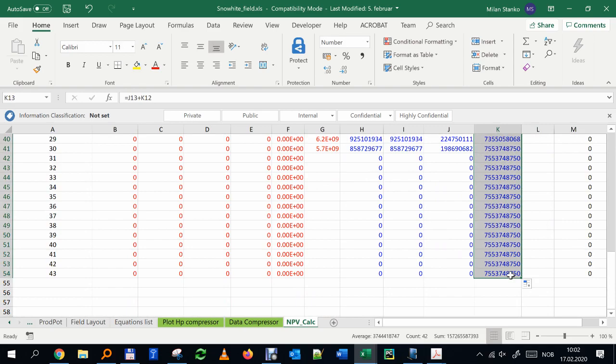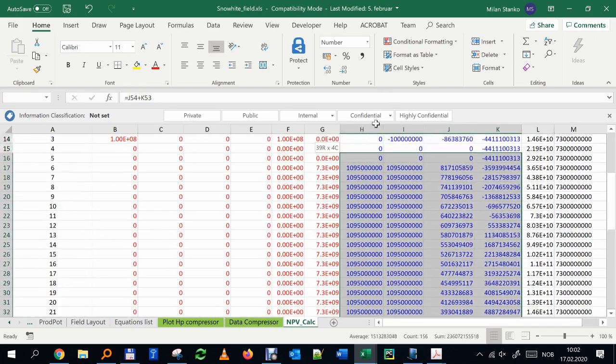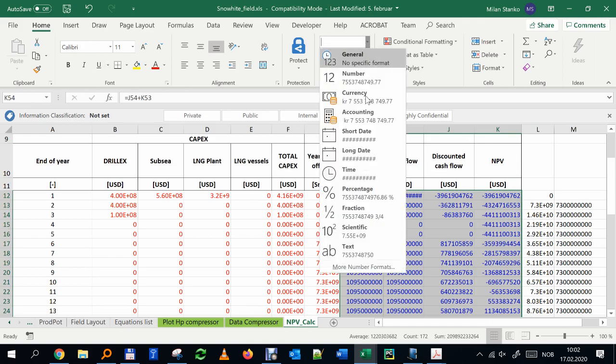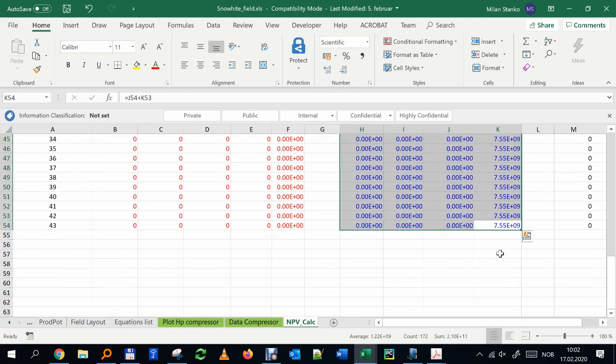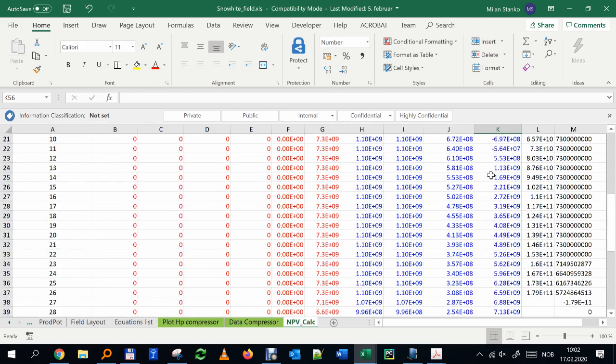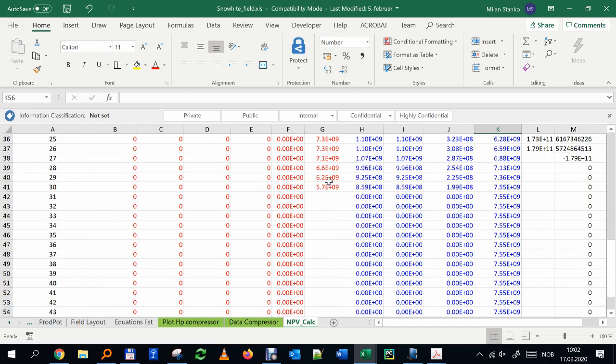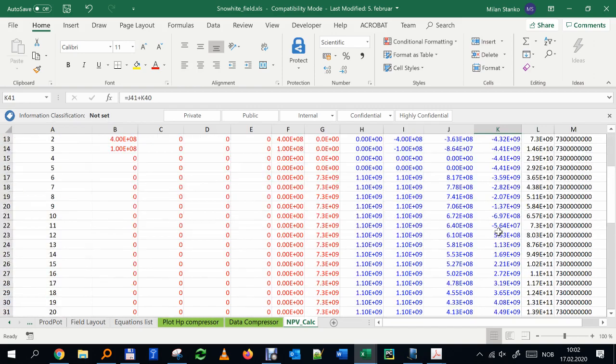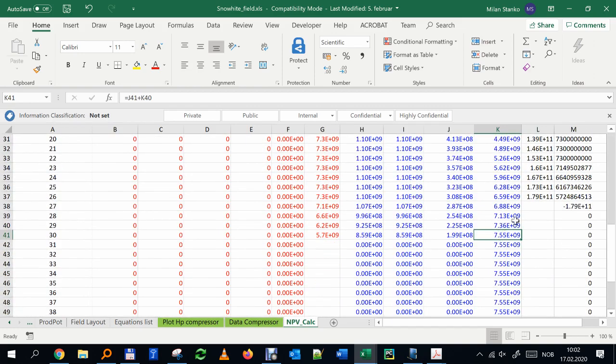You see it doesn't change after, because we don't have any more production and we don't have any more expenses, so I should have done my calculations down to year 30. So it's 7.5 billion dollars, the value of that project. More or less clear?